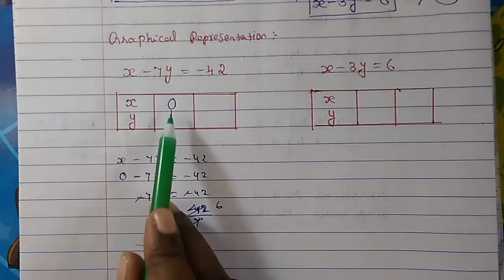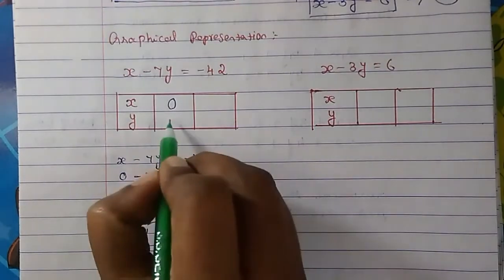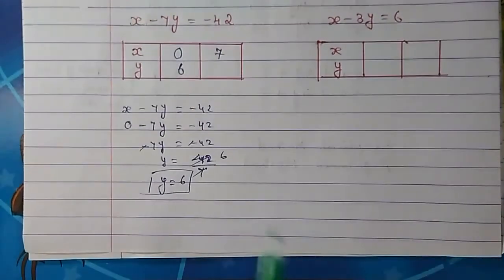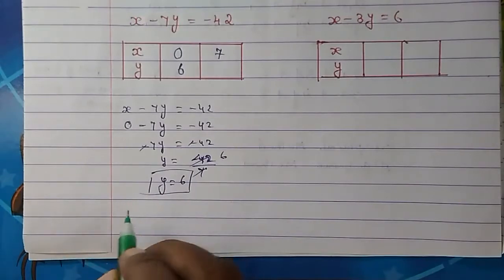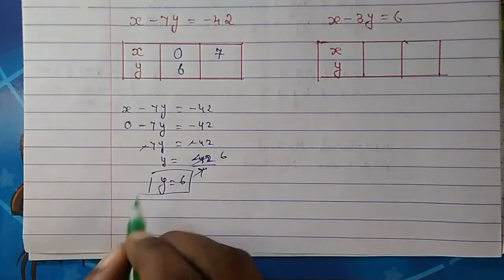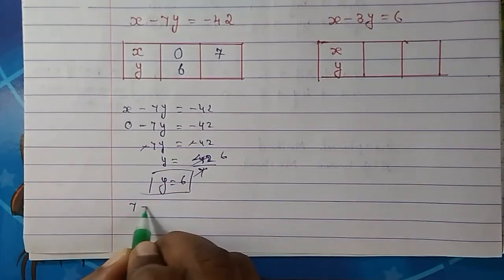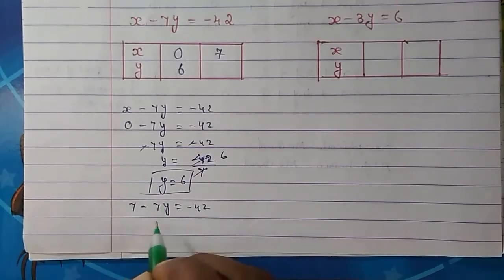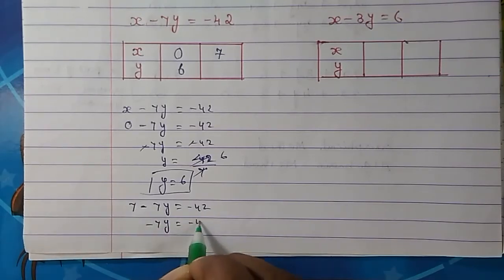And x I have given 0. So y I found out is 6. Now same way, I'll take x value 7. Any value you can take. It's not compulsory. Any value you can put and find out. So in the place of x I write 7, minus 7y equal to minus 42. Then minus 7y equals minus 42.